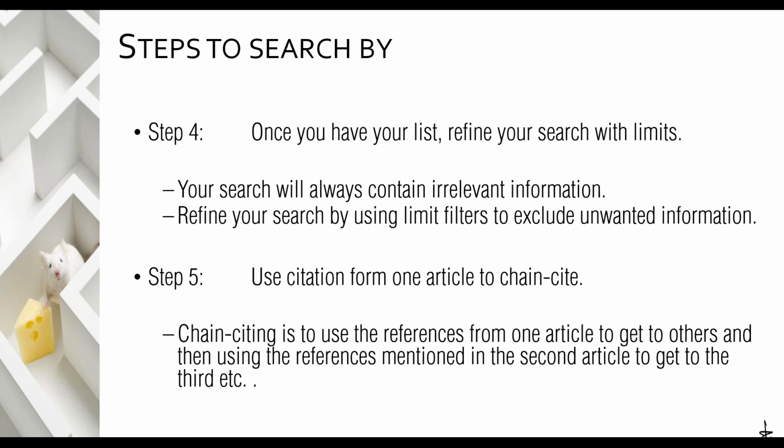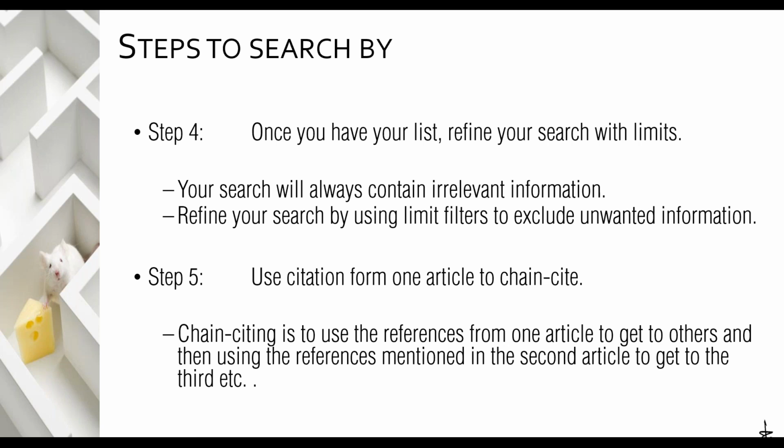If I find an article that is really on the topic that I'm studying, I could do something called chain citing, which is basically that I take the article and go to its references and see their literature review. Then I collect what is compatible with what I want from their reference section, and I get those studies, and then I go to their reference sections and look at the studies they referenced, and so on.